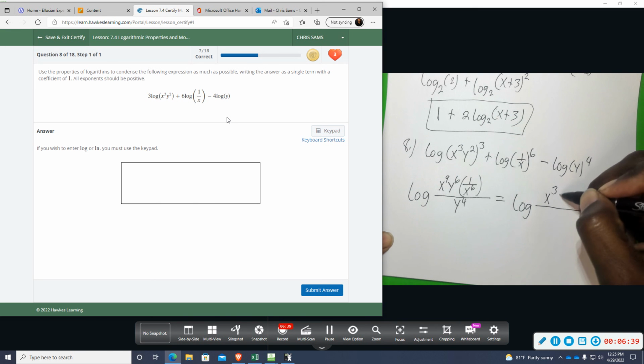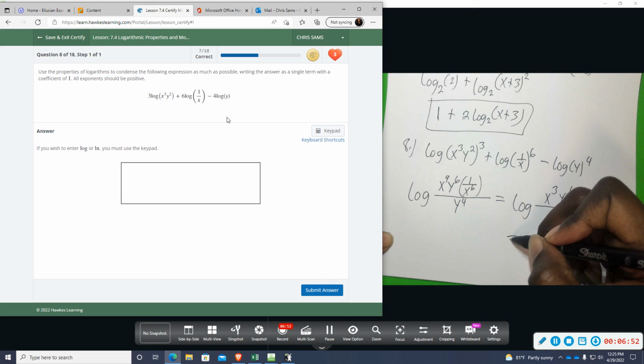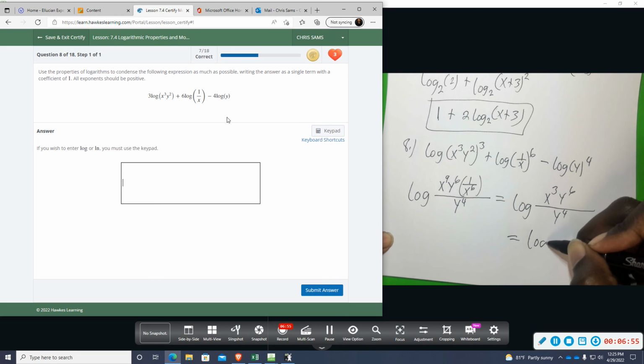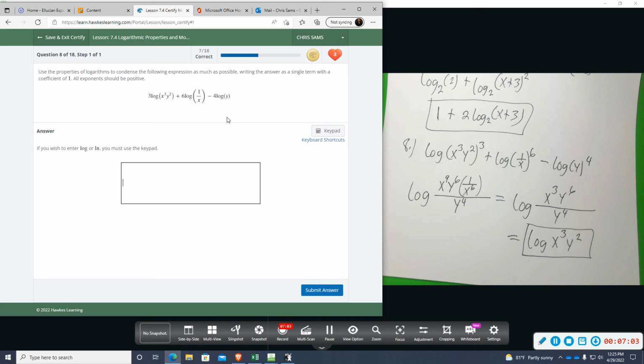And then I still got my y to the 6th and my y to the 4th. And then again dividing, so y, 6 and 4, you subtract, and 6 minus 4 is 2. So this will just end up being log of x to the 3rd, and then 6 minus 4 is y to the 2nd. So this is all we end up with right here.